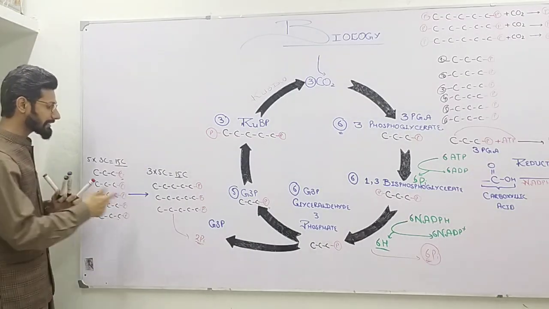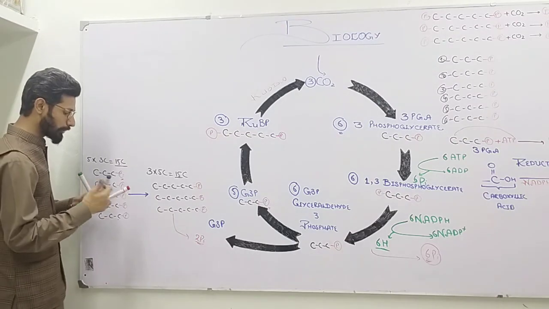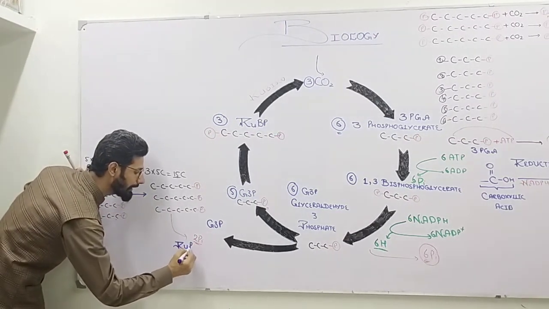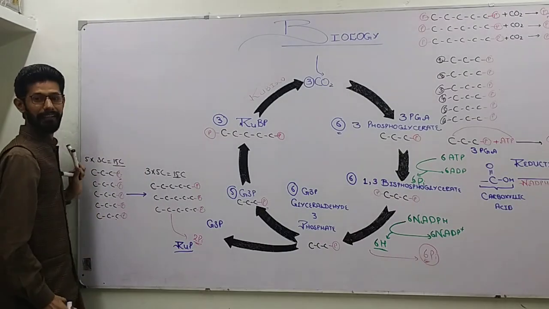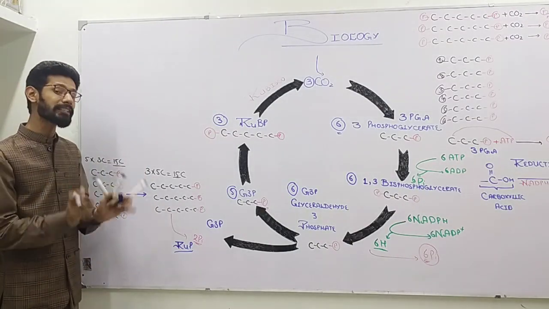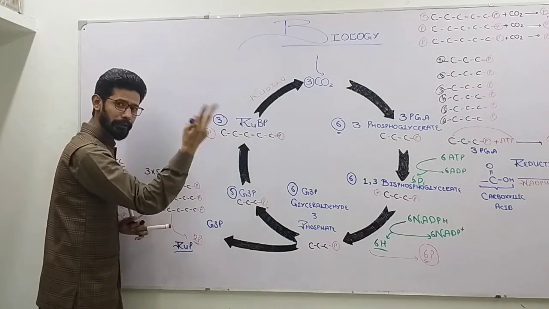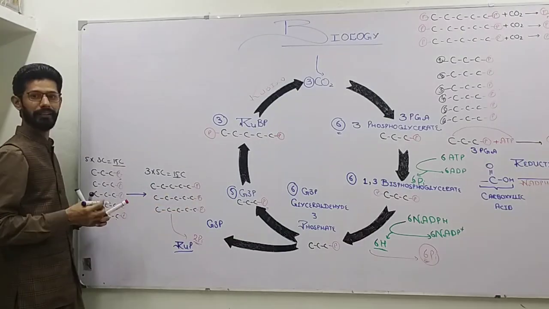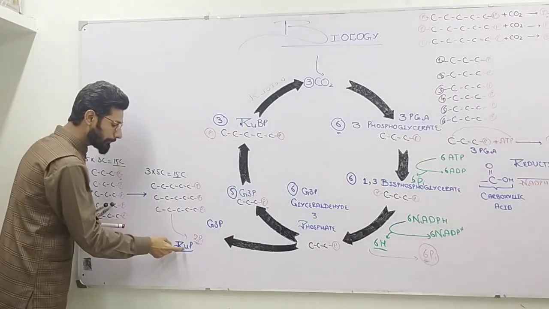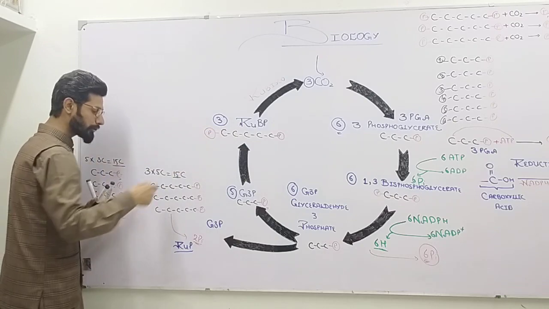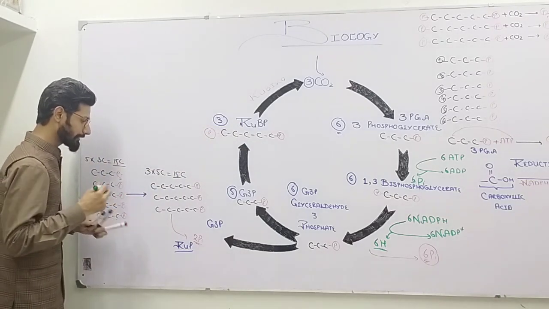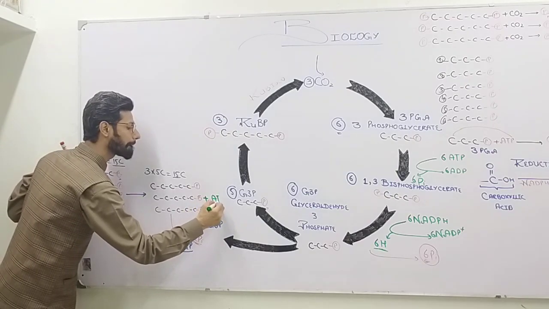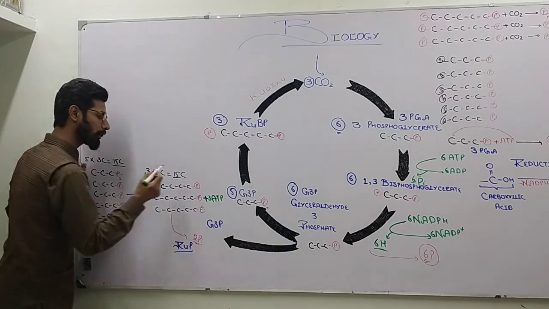So now this newly formed compound is known as RuP, ribulose phosphate. Remember that it's not a bisphosphate. Bis means 2, but here it is ribulose phosphate, with just a single phosphorus. So to convert ribulose phosphate into ribulose bisphosphate, you need to add ATP, 3 molecules of ATP.